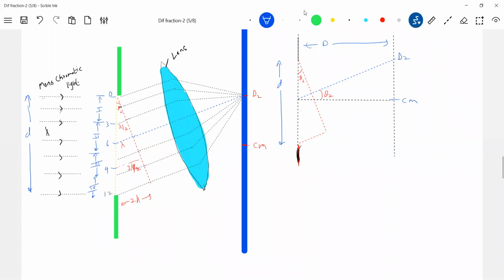The path difference of rays coming from parts 1 and 2 is lambda by 2 at D2.